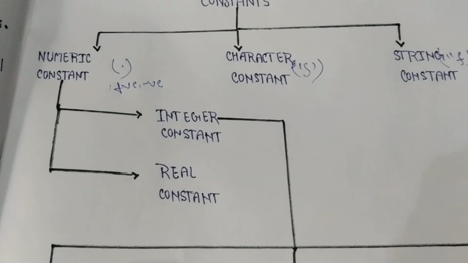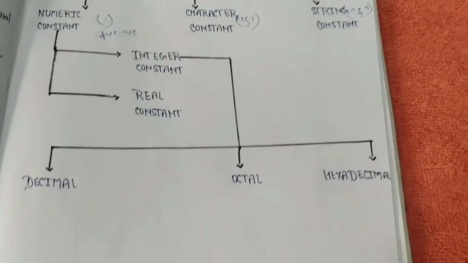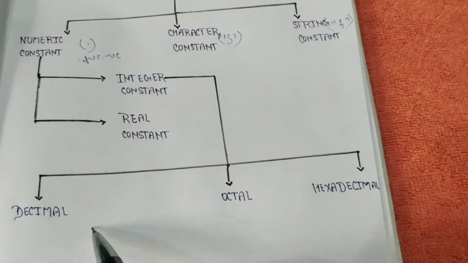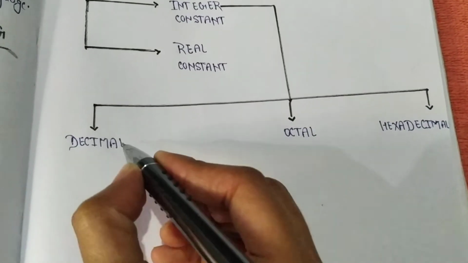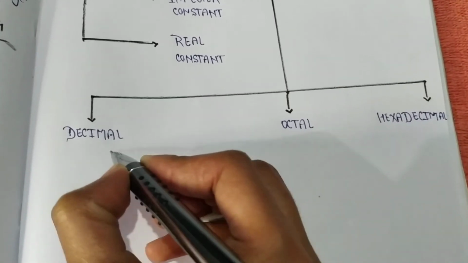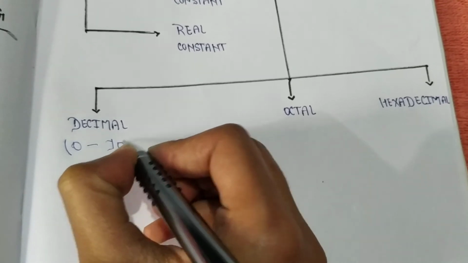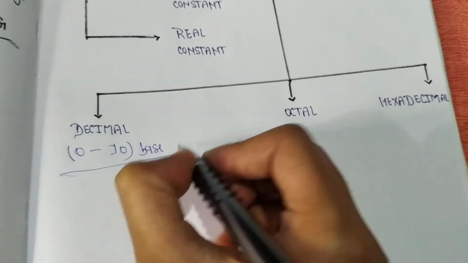Now let us see about integer constant and real constant. So what is an integer constant? In integer constants we have to know about decimal, octal and hexadecimal. One which has base 10 is called a decimal constant, meaning digits 0 to 9. Clear? It is a decimal constant.